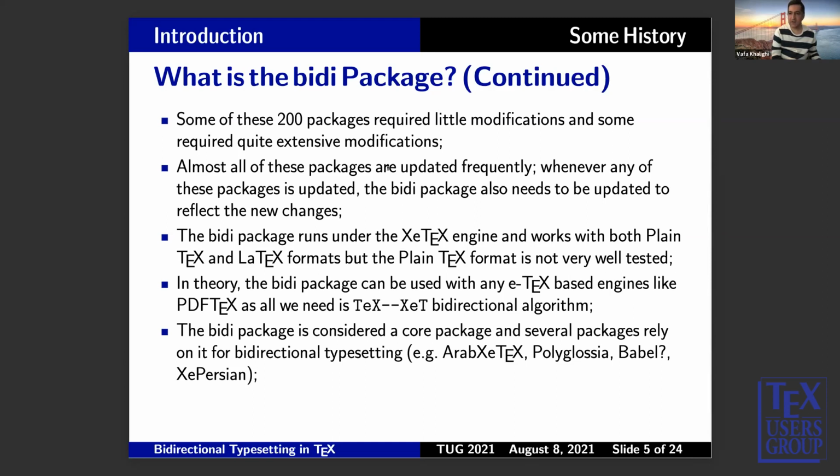And the bidi package is considered a core package. It is used in several other packages, including arabxetex, Polyglossia, zepersian, and I think Babel uses it as well, because initially Javier wanted to do everything himself, but when he saw what a mess the TeX-XeT algorithm is, he just gave up and used the bidi package instead. But if I'm wrong, please correct me.